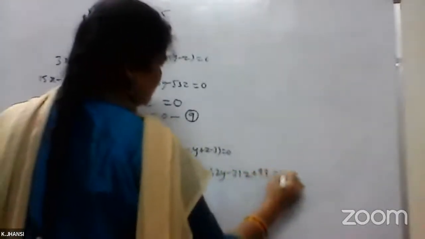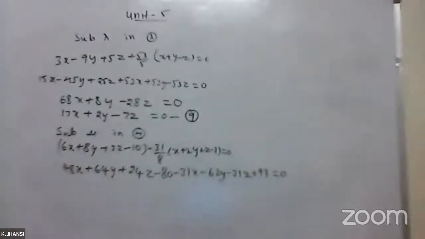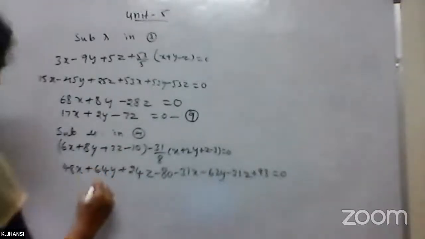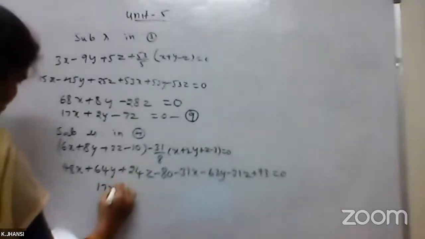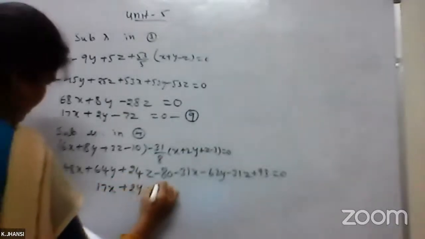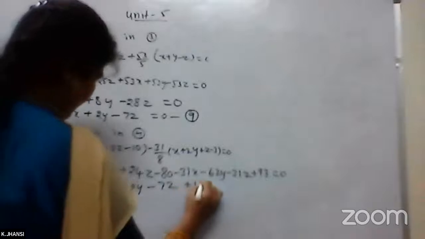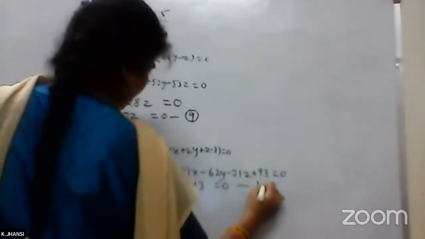Okay, equals to 0. So when you simplify this, you will get the answer as 17x plus 2y minus 7z plus 13 equals to 0. This is the 10th equation.